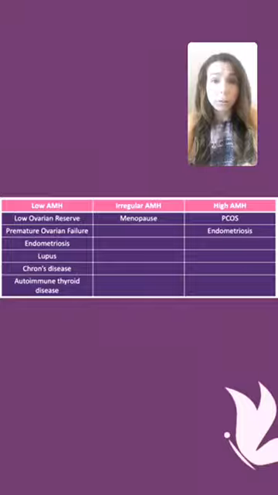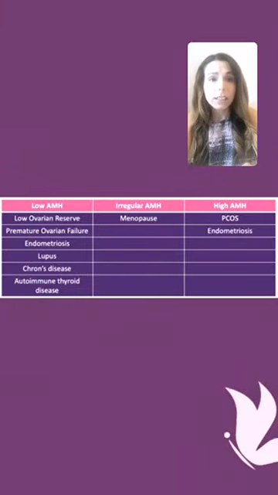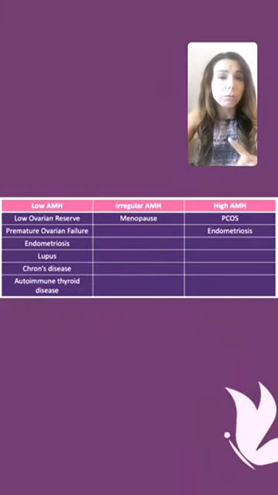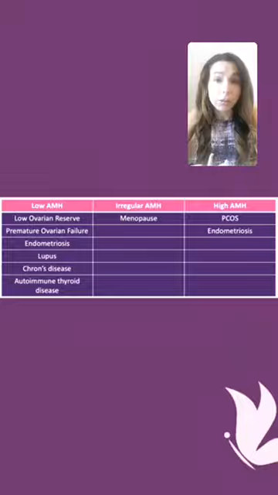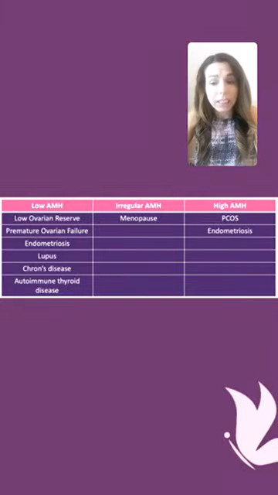So in those situations, we need to reduce the amount of drugs that we are giving as ovarian stimulation. And so it's a good indicator of ovarian reserve, a good indicator of IVF result in terms of how many eggs can be collected, and it's a good indicator of menopause as well.